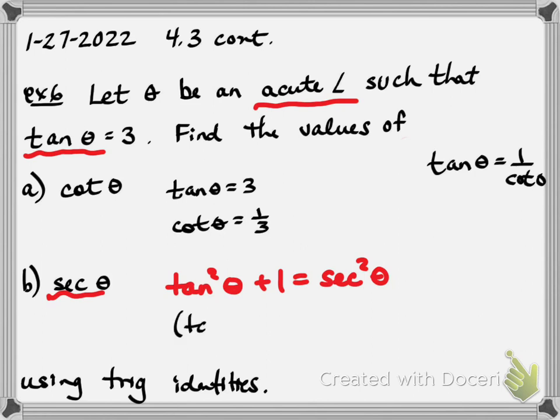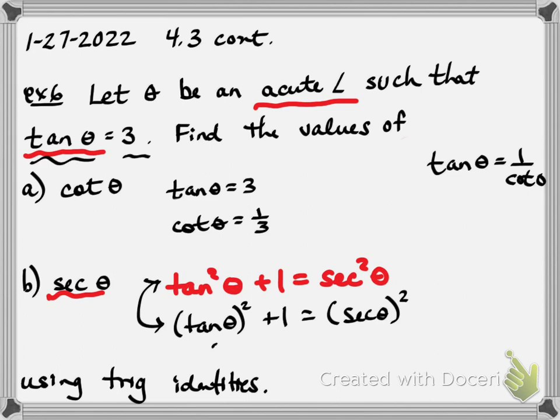Maybe I should rewrite it. I put that on the board to be sure that you knew that these two are equivalent to each other. So we've got 1 equals secant theta squared. We know tangent of theta is 3, so we'll just put a 3 here. So that means 3 squared is 9, plus 1 is 10. 10 is secant squared theta.